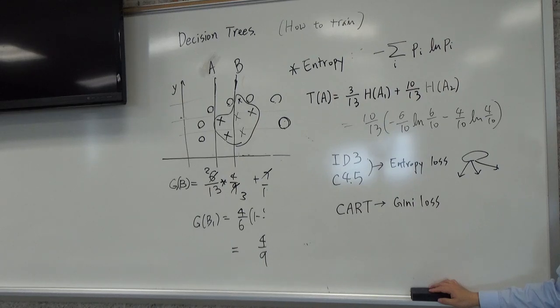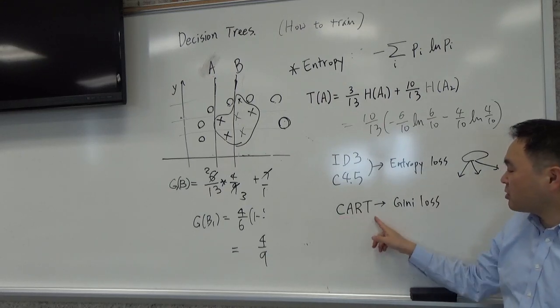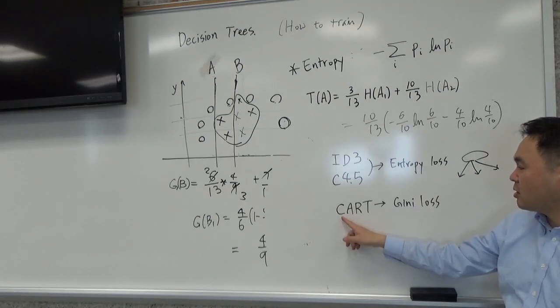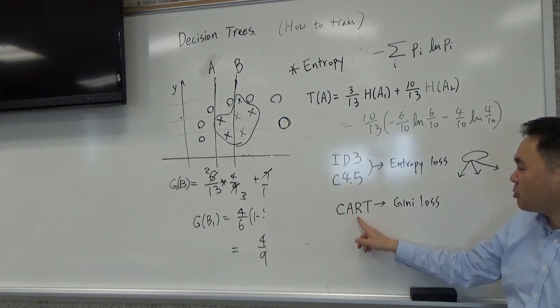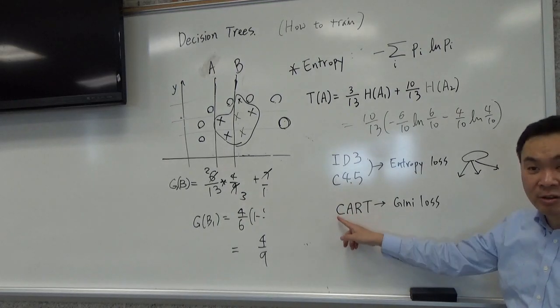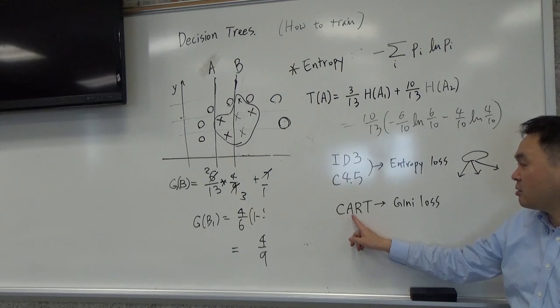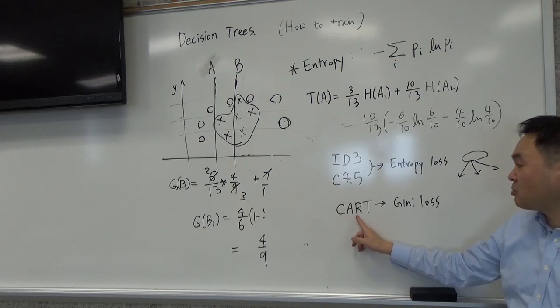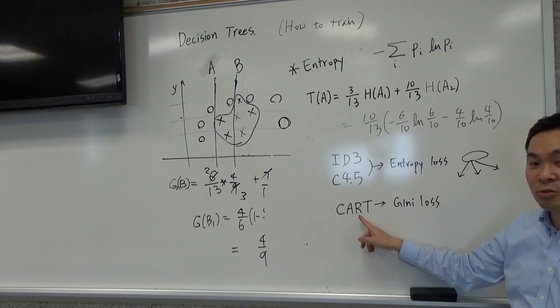I guess you could. Yeah, they're very similar. Yeah, you can. The thing about CART is that it stands for classification and regression tree. Yeah, that's what CART means. And so you can use the CART to actually do regression.